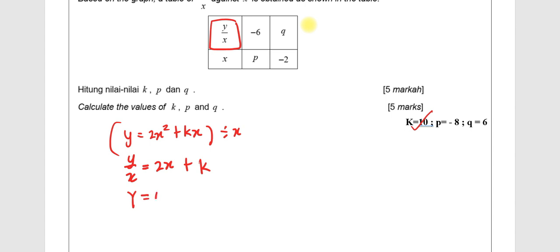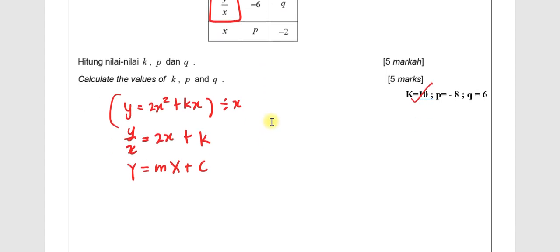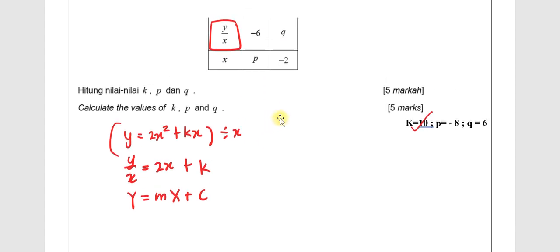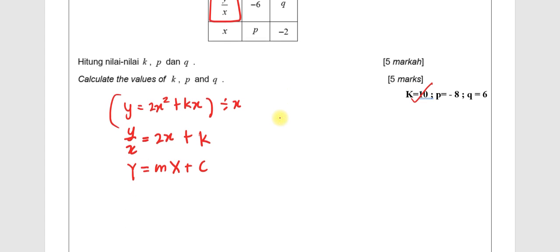So y equals mx plus c. C we already know is 10. We need to find p and q. From here we get two pieces of information: your gradient is 2, and your y-intercept is k, which equals 10.